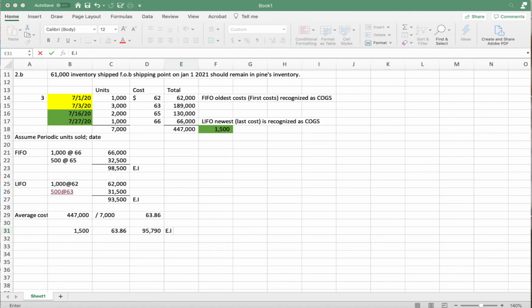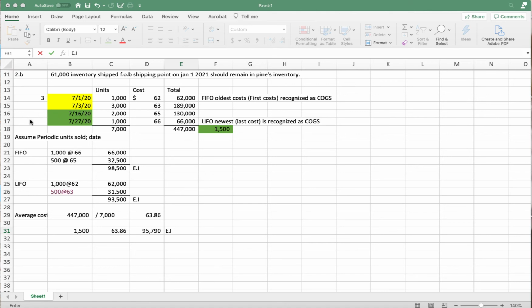Okay, so what we need to do is compute an internal index and use the dollar value LIFO method, and answer at what amount should inventory be reported.